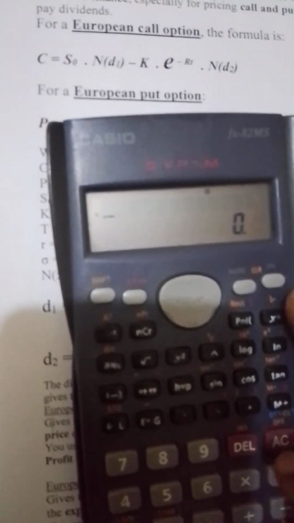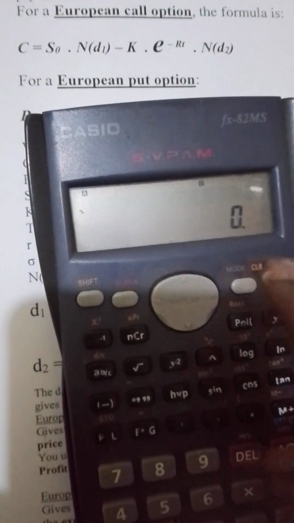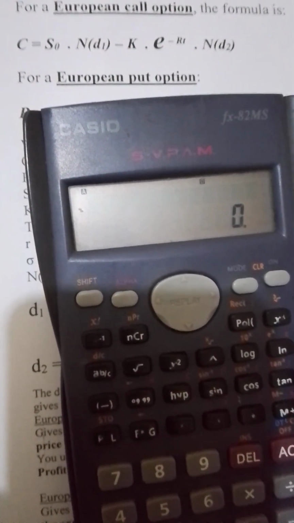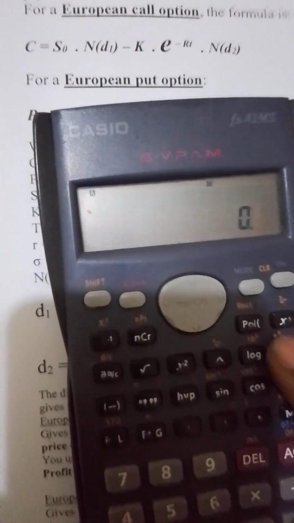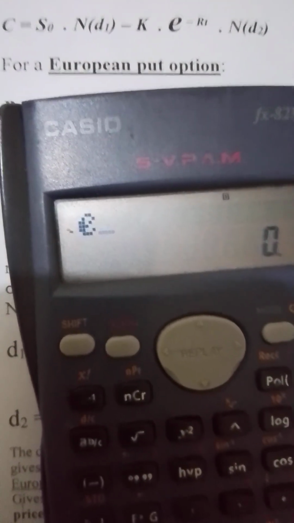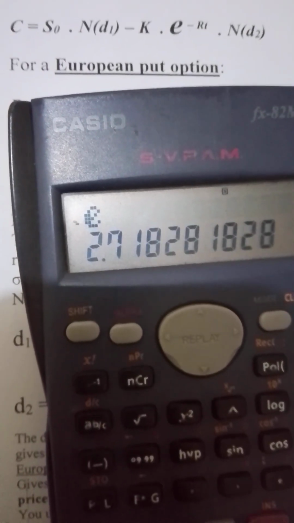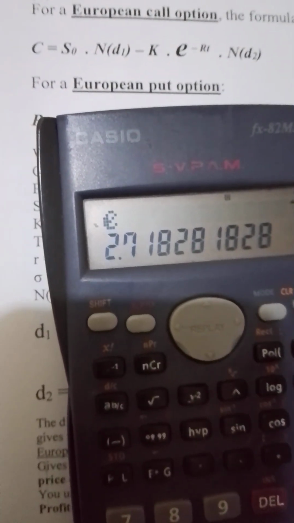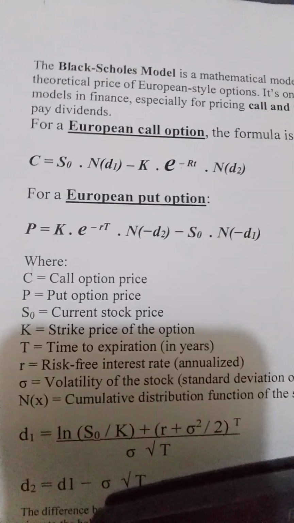You have to shift, then you come here. You pick that, you can see what is appearing there in the calculator. e, the exponential function, is equal to 2.7182, that way. So that one you'll be calculating within that.